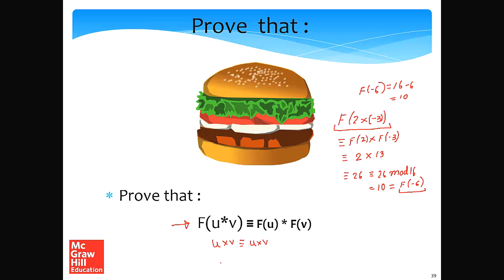Consider the fact that both u and v are negative. Then the product is positive. So the RHS is still u multiplied with v, whereas the LHS is 2 to the power n minus mod u times 2 to the power n minus mod v. So maybe I can just write it with mod u times mod v just to make things straightforward.